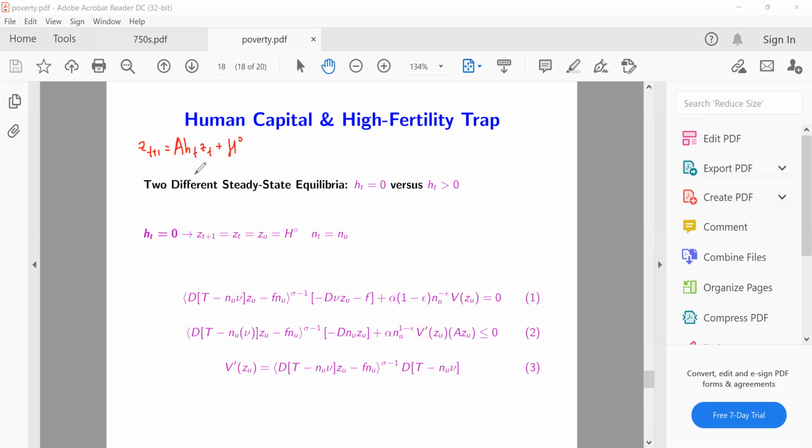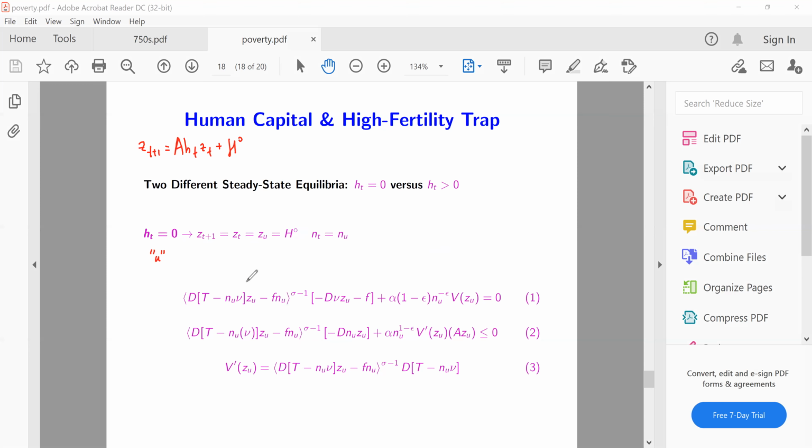So if HT is equal to 0, obviously ZT does not change, and ZT is equal to ZT+1, which is equal to H naught. And this steady state is denoted by U for, I guess, unskilled.